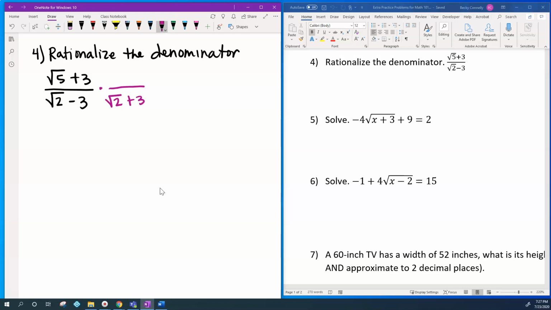And then whatever we do to the bottom, we also have to do to the top. And then really you're just FOILing these from here. So FOIL the top, FOIL the bottom, and then simplify. Okay, so I want you to take it from here, and let me give you a couple minutes to try that out and see what you can do with that one.